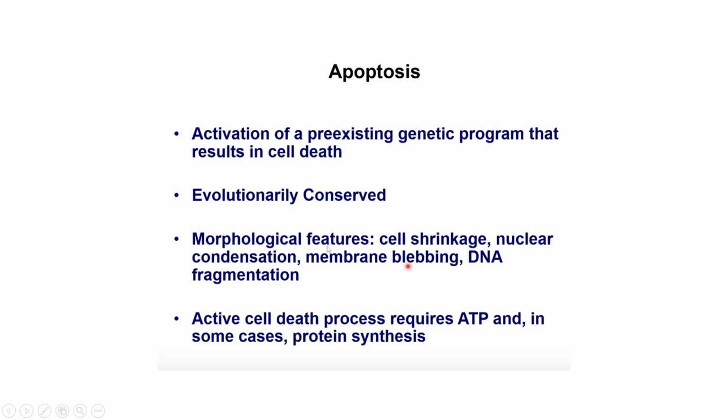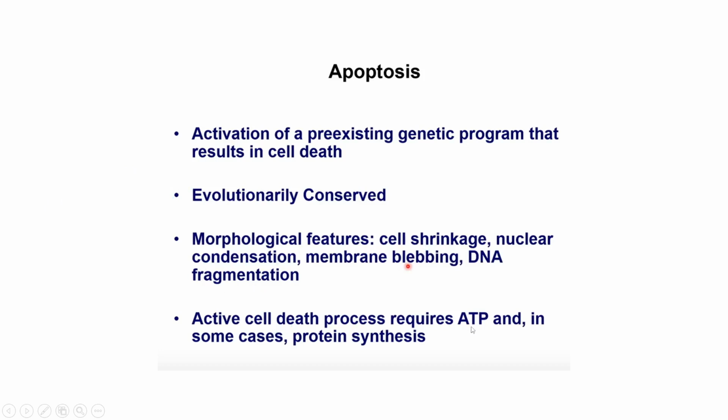The morphological features are cell shrinkage, nuclear condensation, membrane blebbing, DNA fragmentation. Okay, so the cell will shrink, the DNA will get condensed, membrane blebbing will occur, as the membrane will start to form a bleb kind of structure, and DNA fragmentation also occurs.